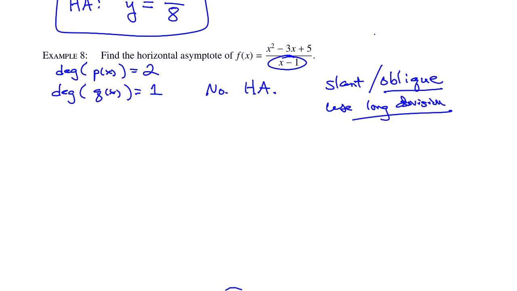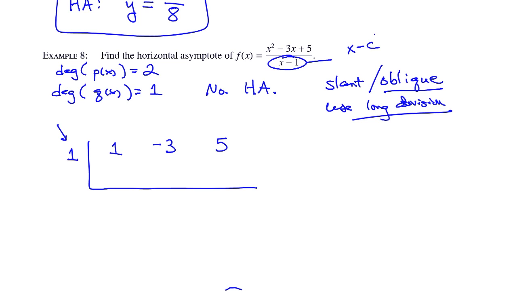So we're going to go ahead and synthetically divide this out. So remember, when you use synthetic division, it has to be in the form of x minus c. So c is equal to 1, and c is the number that goes on the outside of the synthetic division box. We'll go ahead and put in the other coefficients.